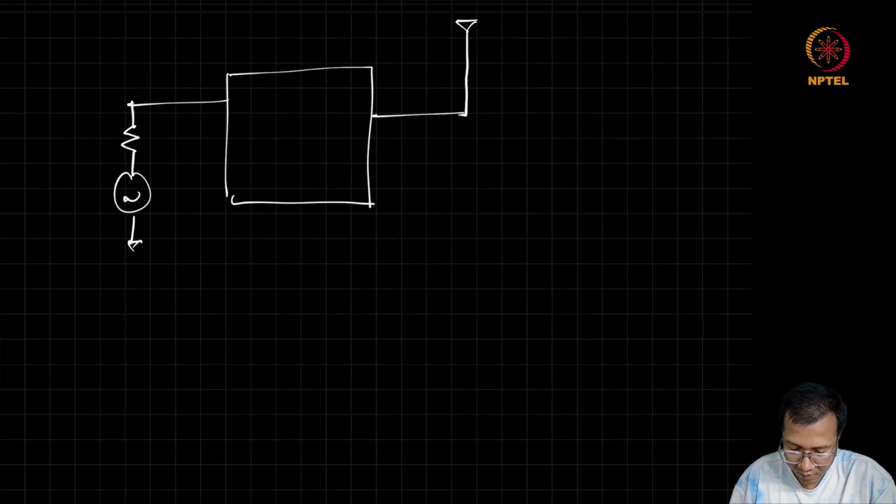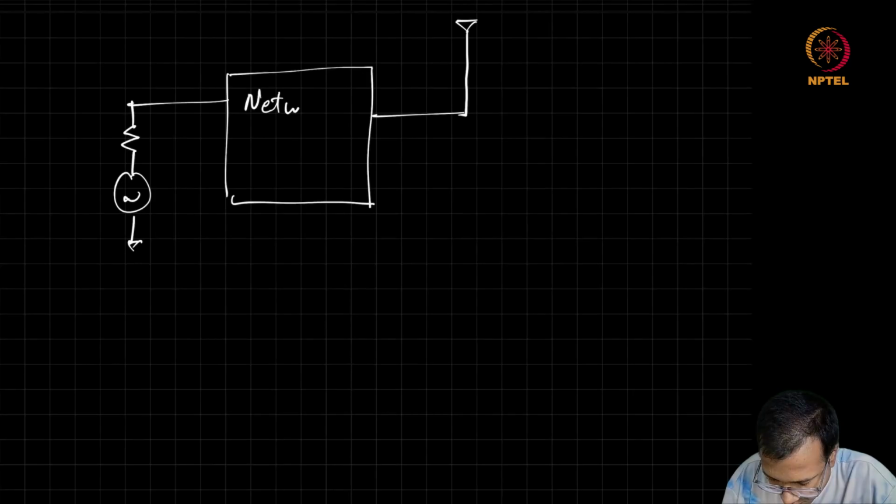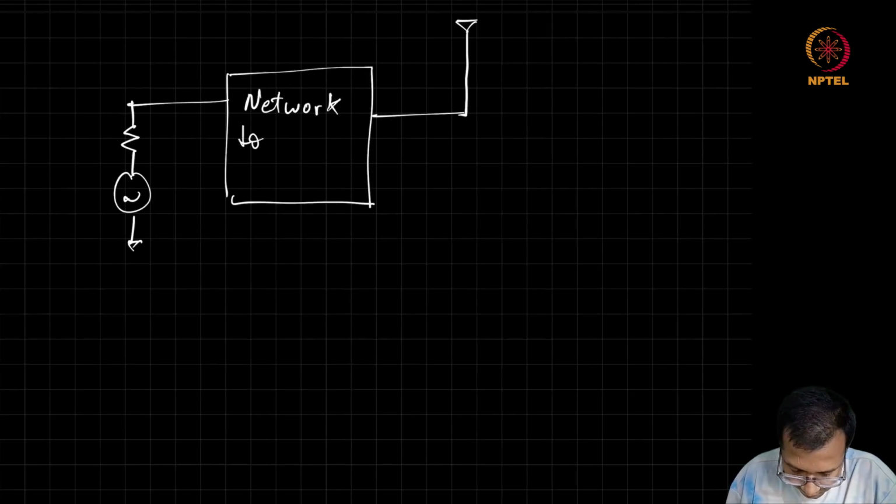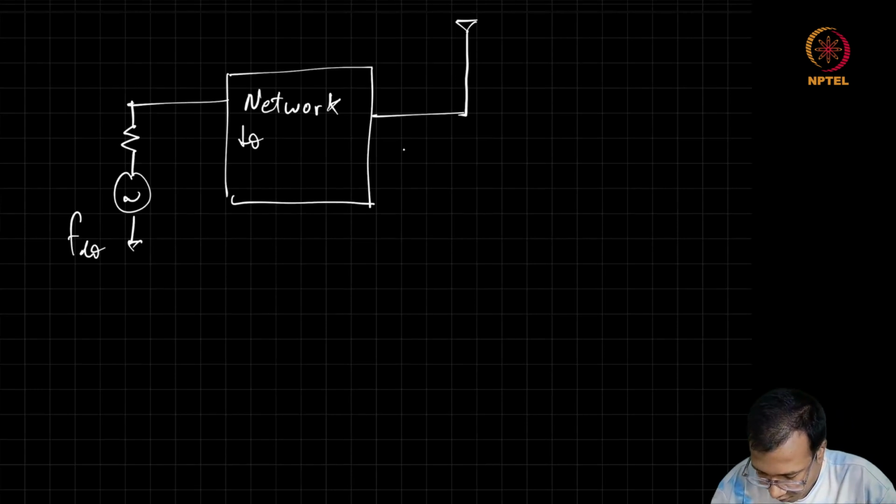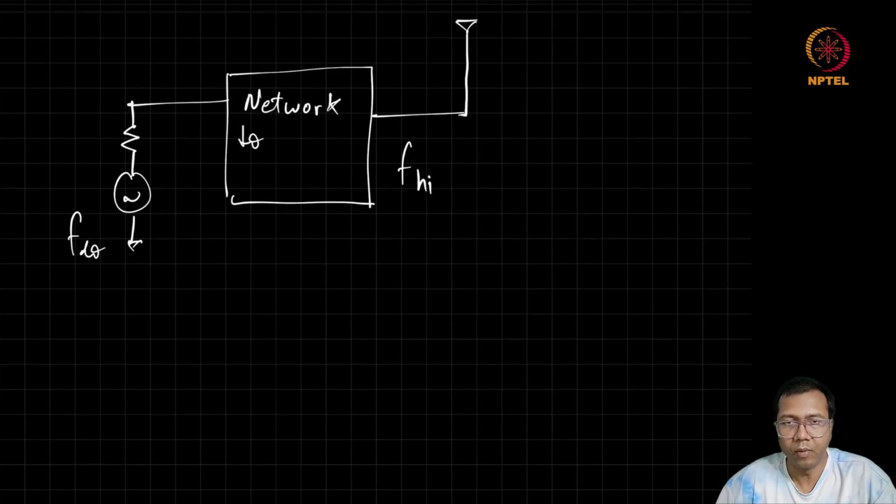So what we need is a two-port network to translate this F low to F high before we feed it to the antenna.